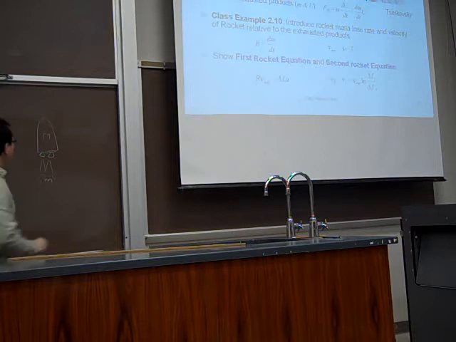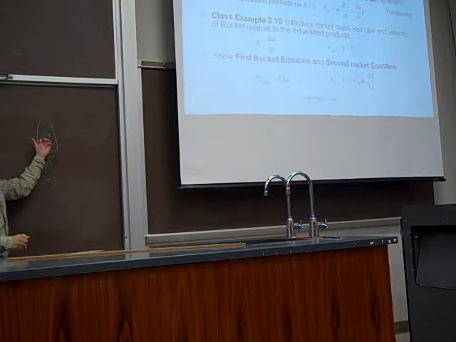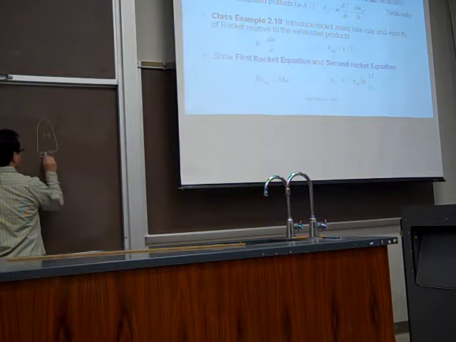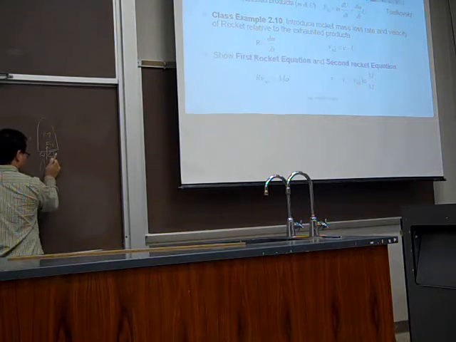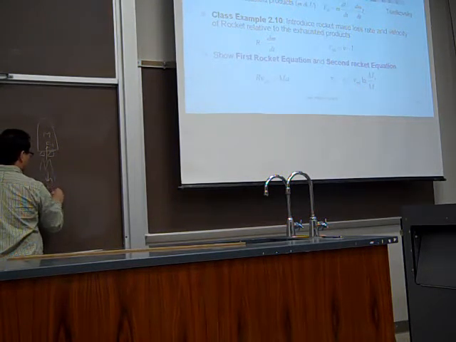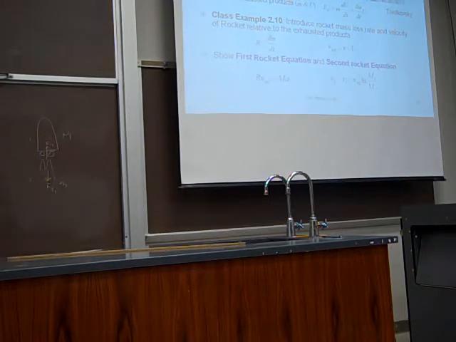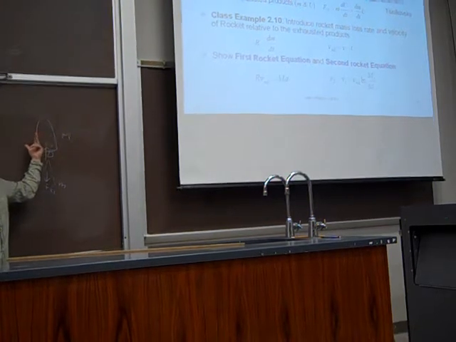We call this object 1, this object 2. There is some action and reaction between the rocket main body and the released material, right? So there is some force here, F12. There is some force acting on the released mass, F21. And in fact, it's this reaction that makes the rocket move.